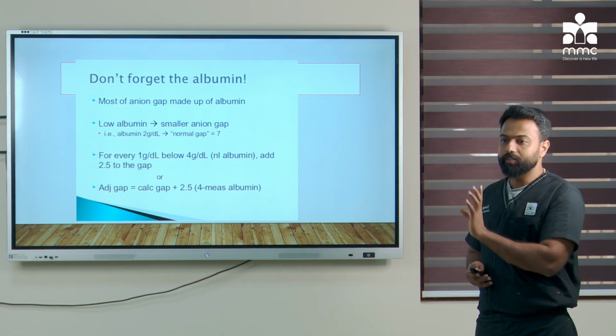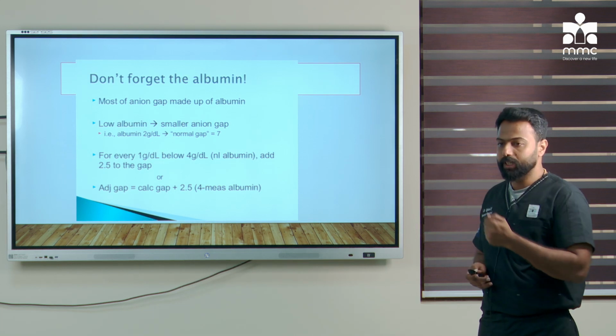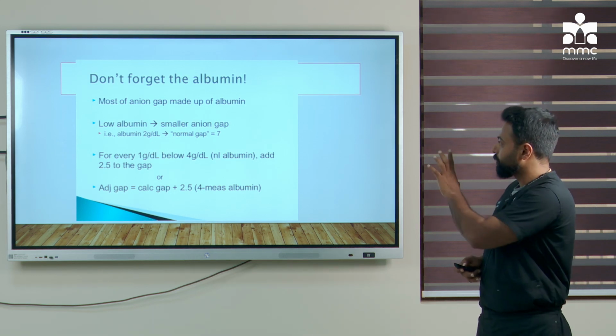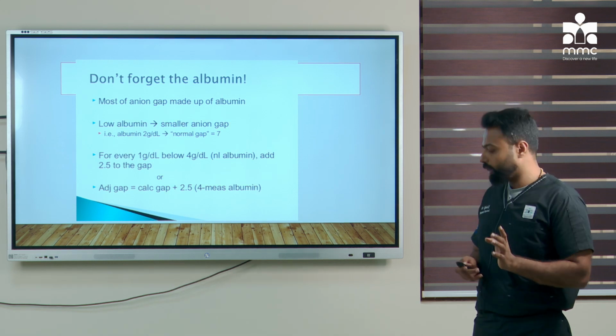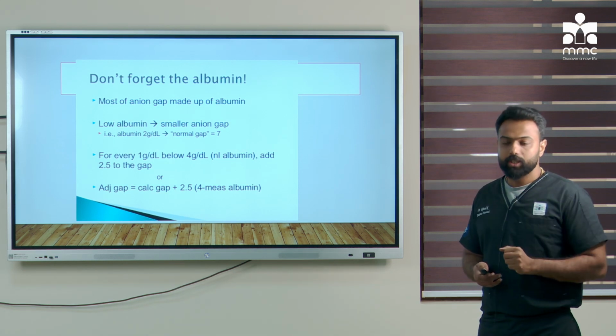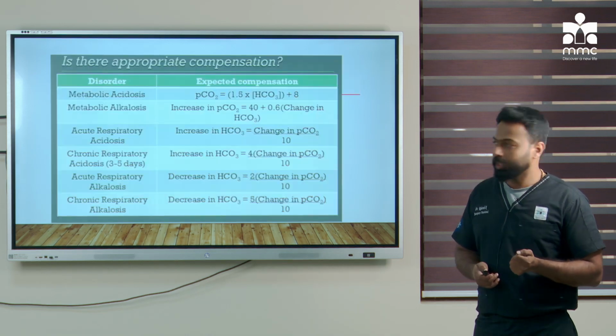And you have to add that to the actual anion gap obtained from the formula. So if the patient's calculated value is 7, then 7 plus 12 is the normal anion gap. So you have to think about albumin also while calculating the anion gap, that is the corrected anion gap.